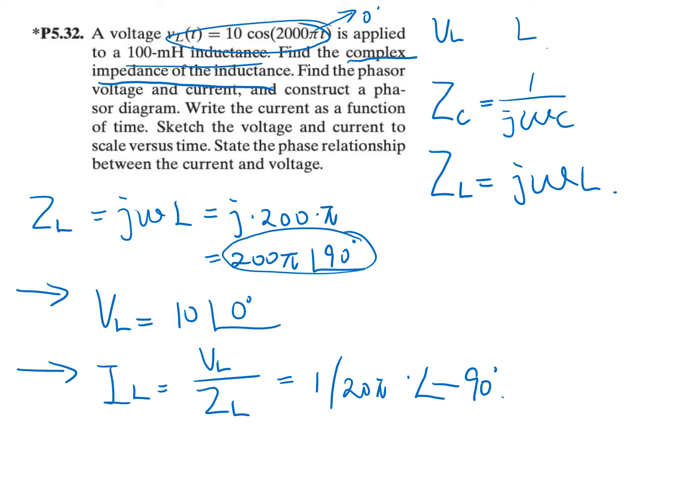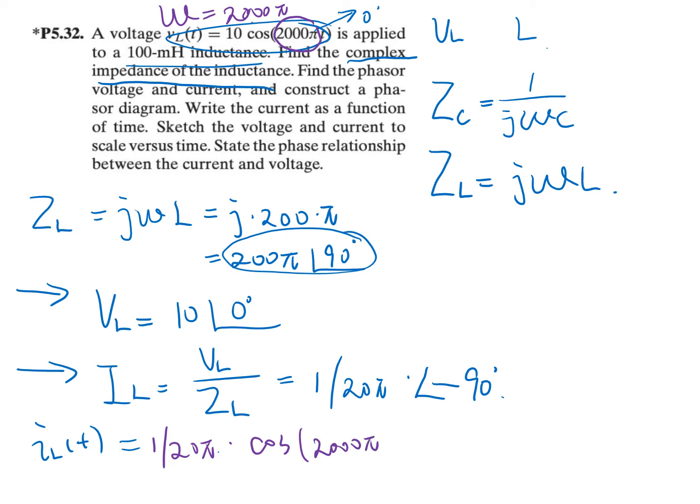To write the current in the time domain, ILT, we first need to find the angular frequency omega. The angular frequency is actually here: omega is 2000 pi. The amplitude is 1 over 20 pi. So that's 1 over 20 pi times cosine of 2000 pi t, and the phase is negative 90 degrees, so minus 90 degrees.